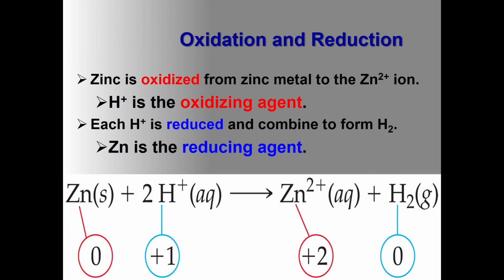So, if you turn it into the net ionic equation, it makes very obvious what is being reduced and what is not.